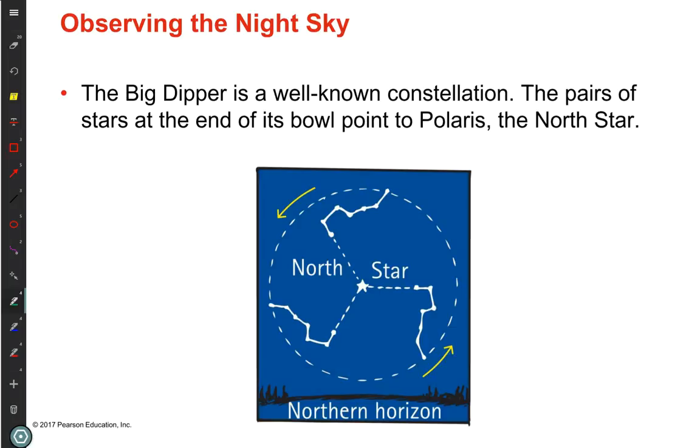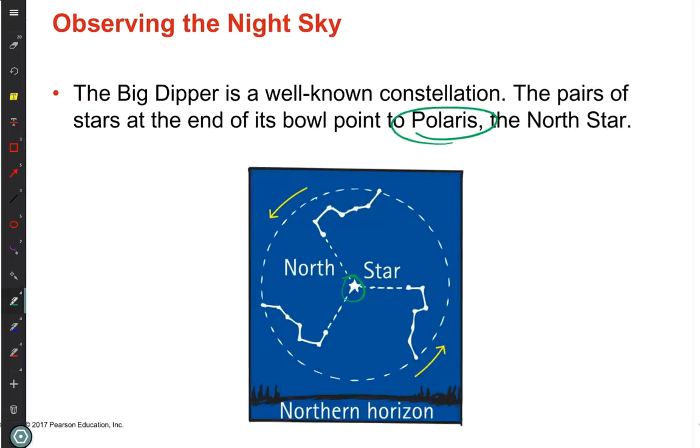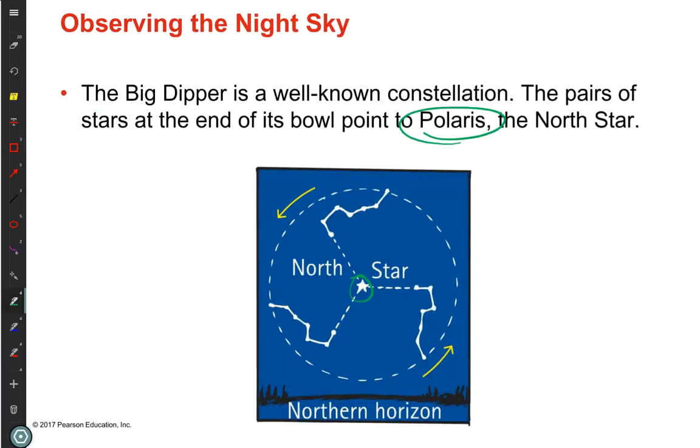So you can do that, and in the northern hemisphere, you're going to see all the stars rotating around the pole star, which we call Polaris, which is at the end of the Little Dipper. If you go to the southern hemisphere, you'll see the stars going around an empty point.